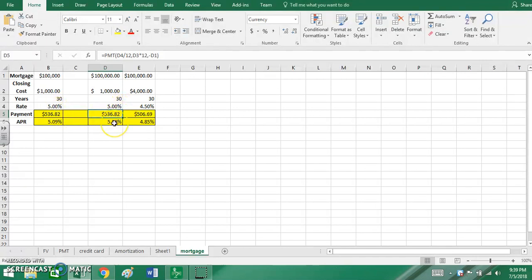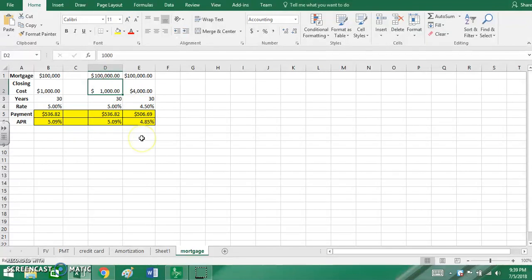We already did that one, with an annual percentage rate of 5.09. With the 100,000 and the $4,000 closing cost, you'll notice there's not a whole lot of difference in the monthly payment, but our annual percentage rate is actually 4.85% instead of 4.5%. So it just shows you the difference in what you're actually getting there.